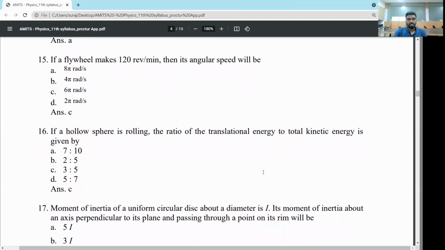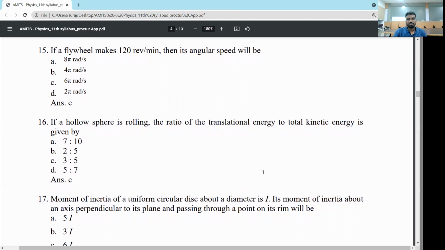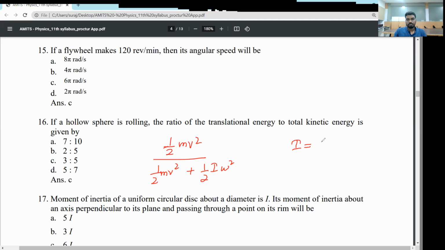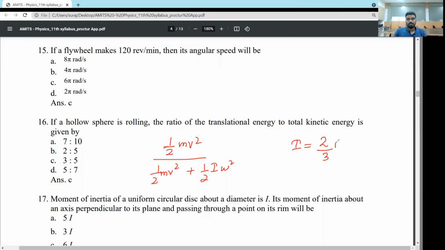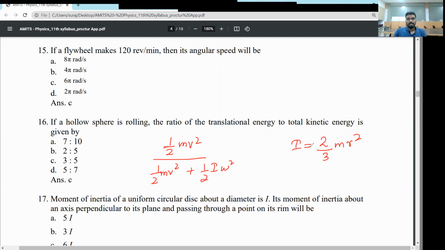If a hollow sphere is rolling, the ratio of translation energy to total kinetic energy is given by the ratio of translation kinetic energy by total kinetic energy. See, translation kinetic energy is half m v square. Total kinetic energy will be half m v square plus half I omega square. Now, I for a hollow sphere is 2 by 3 mr square.